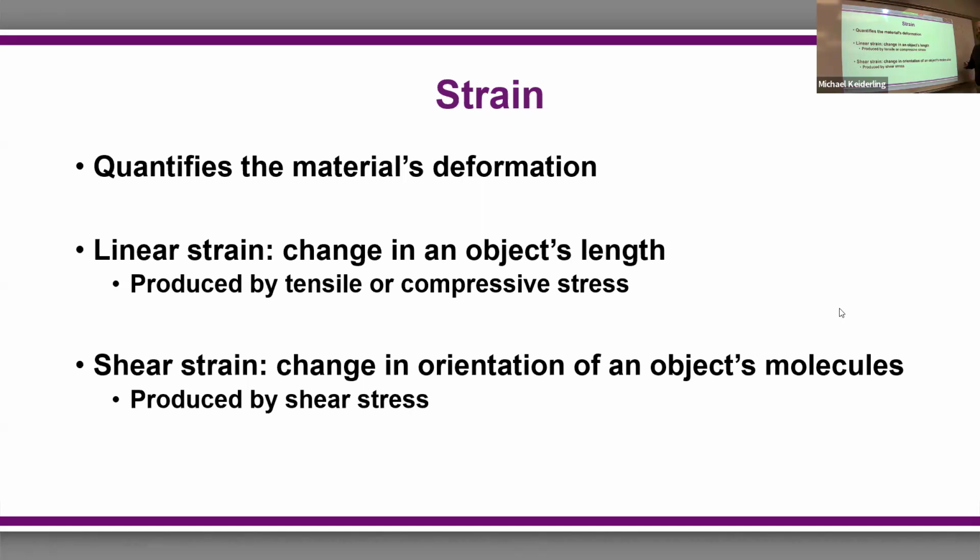This is produced by tensile or compressive stress. And shear strain is change in the orientations of an object's molecules. This is that sort of sliding motion you get from shear forces, the skewing from shear forces.